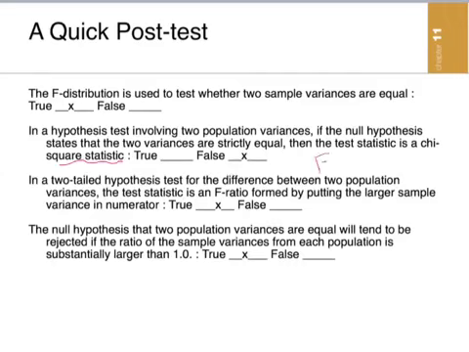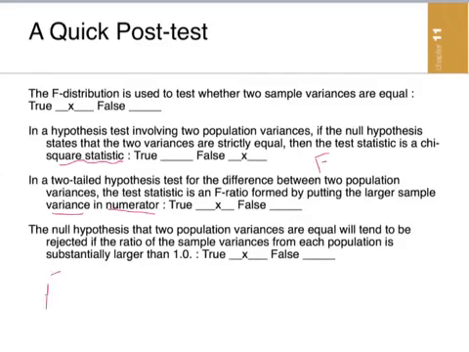In a two-tailed hypothesis test for the difference between two population variances, the test statistic is an F ratio formed by putting the larger sample variance in the numerator. The answer is true. And the last one, the null hypothesis that two population variances are equal will tend to be rejected if the ratio of the sample variances from each population is substantially larger than 1.